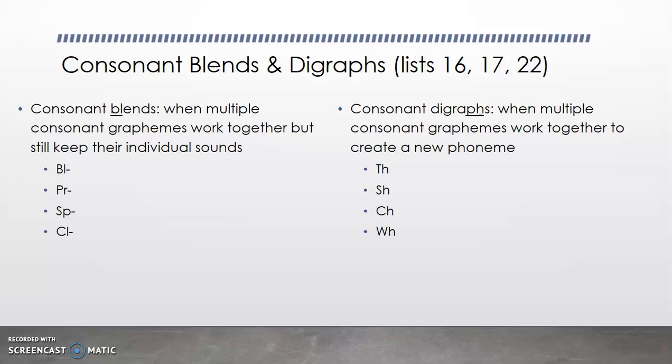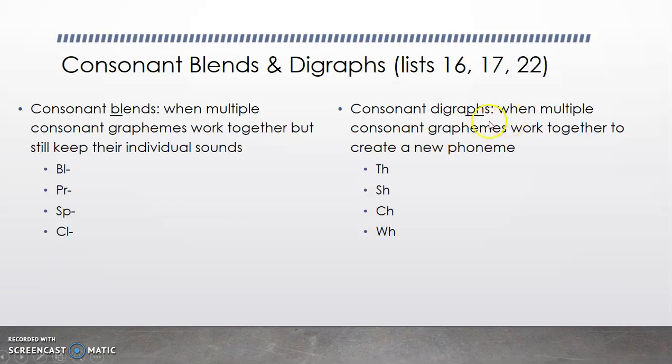Consonant digraphs, on the other hand, are when multiple consonant graphemes work together to create a new phoneme. So they don't keep their separate sounds, they make a whole new sound, such as TH makes th, SH, sh, CH, ch, and WH, as opposed to TH being t-huh, completely different.